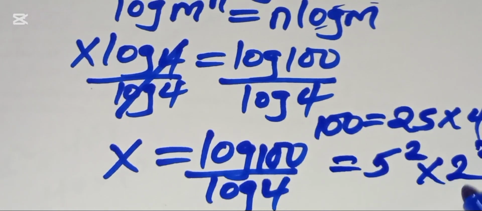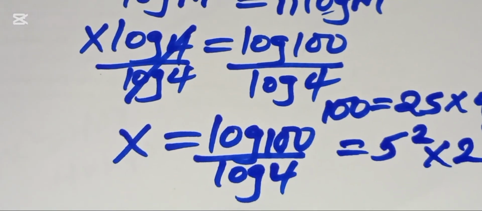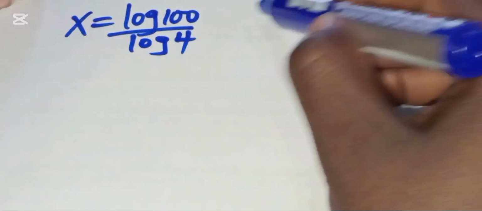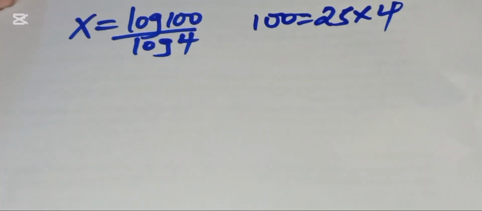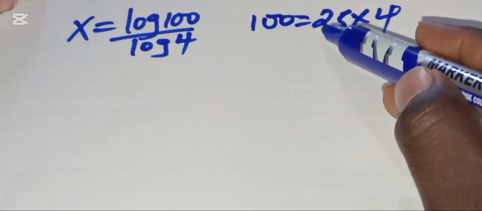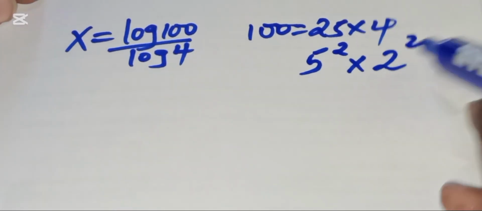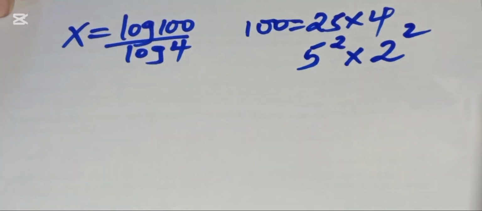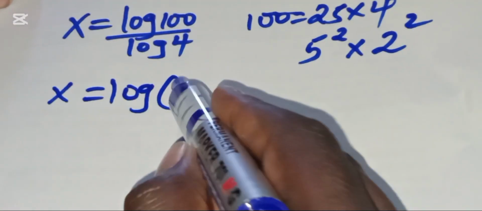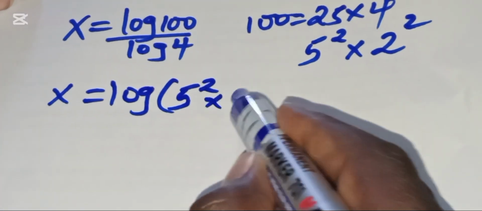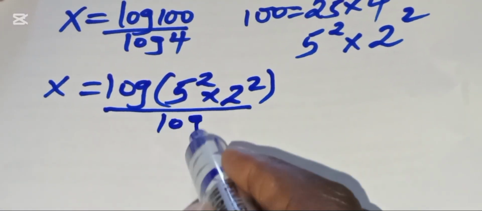So let's substitute this back into the equation. 25 can be expressed as 5 squared and 4 can be expressed as 2 squared. Now substituting this, we'll have x is equal to log of 5 squared multiplied by 2 squared, divided by log 4.